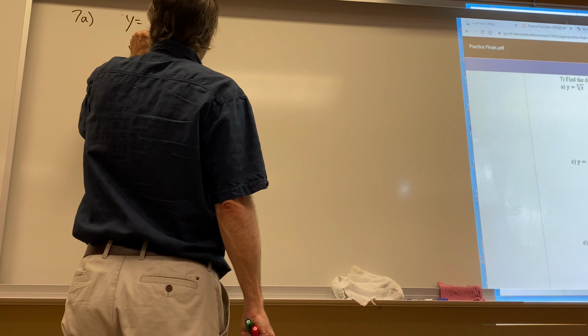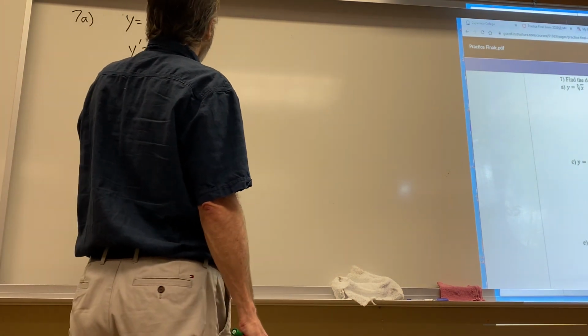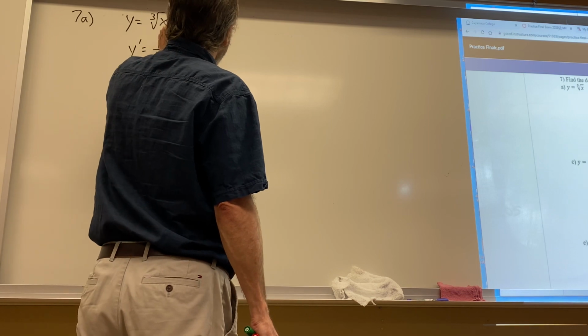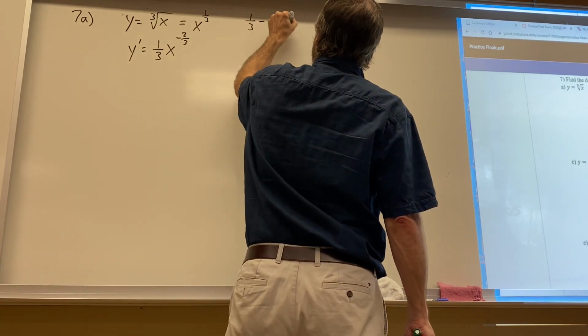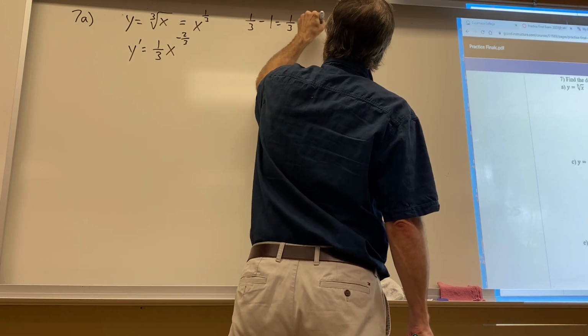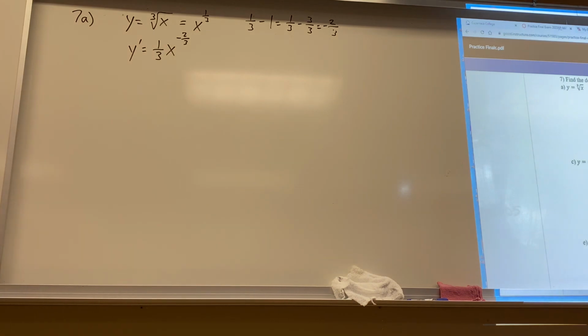It'll be 1/3 x to the power of negative 2/3. Okay. So y prime is just 1/3 x to the -2/3.